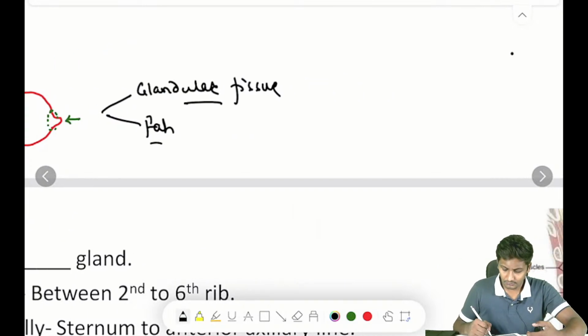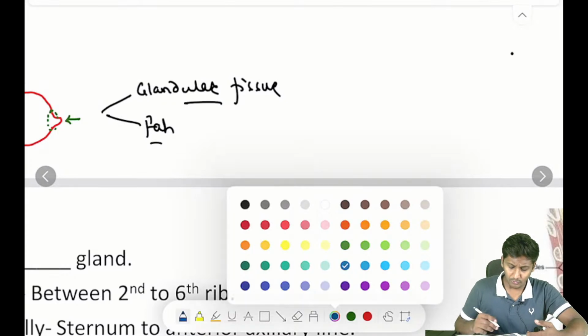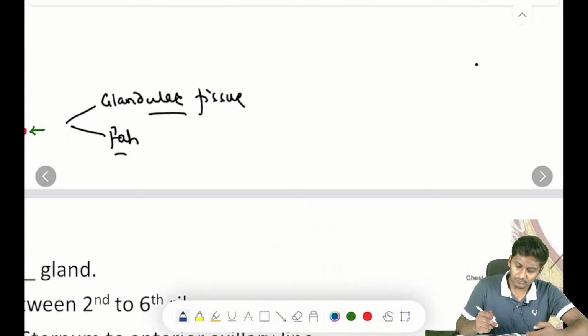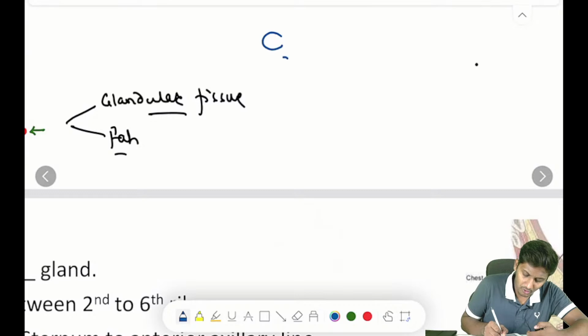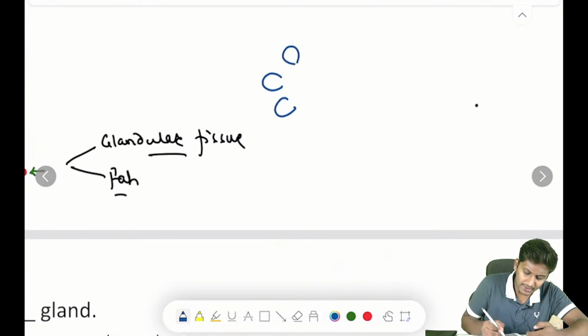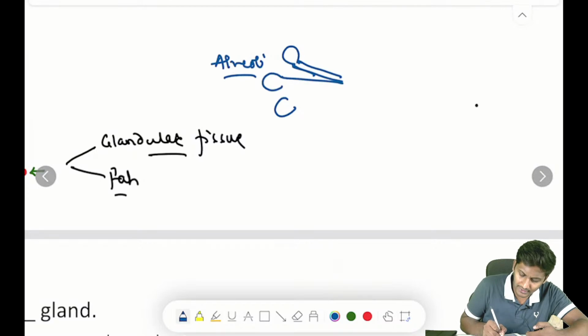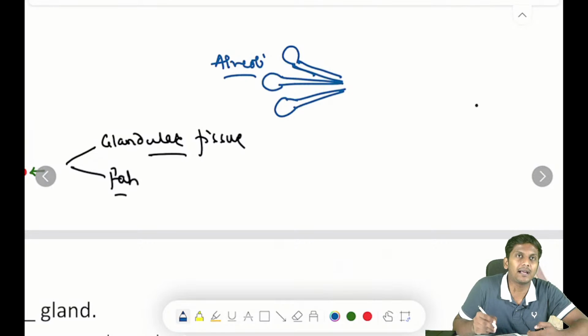Important is that the glandular tissue will be of two types. We will have a lot of sacs in the breast, and these sacs are known as alveoli. These sacs continue into lactiferous ducts, and all these lactiferous ducts are going to open up at the level of the nipple.